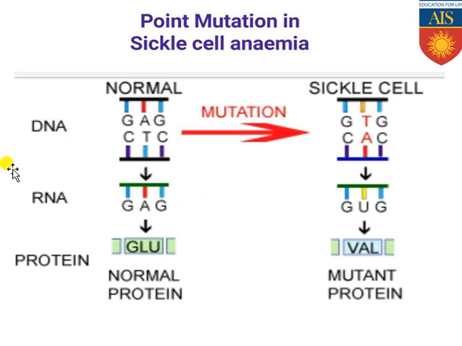So this is the reason behind sickle cell anemia. The GAG in the RNA gets changed into GUG, and for that reason valine takes the place of glutamic acid. So when this happens, automatically the protein gets mutant.